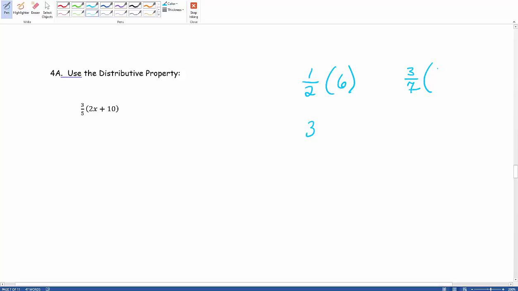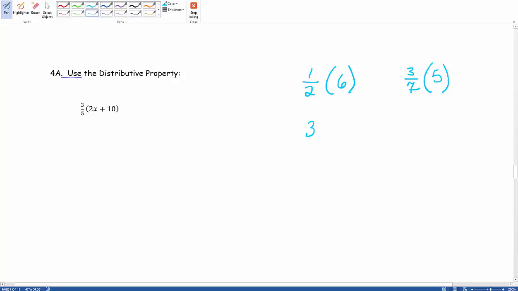We'll make it 3/7 of 5. In the first situation, it was a lot easier to say a half of 6 we know is 3. But when you come across something like 3/7 of 5, it's not so easy and apparent.